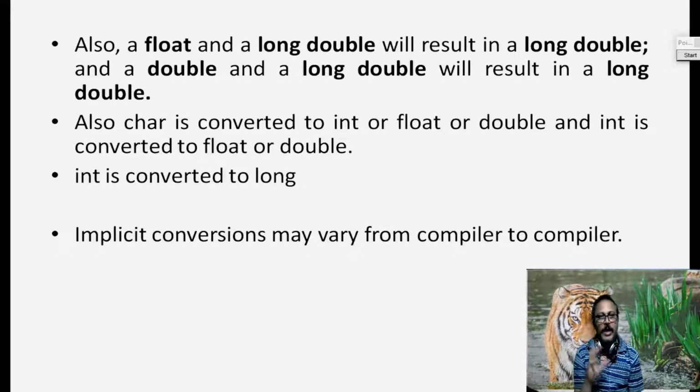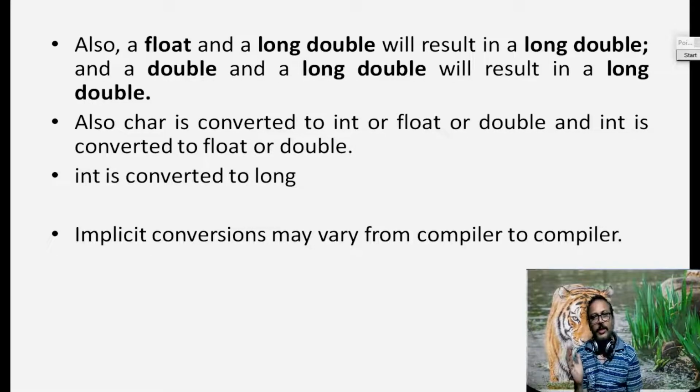Also, if char and int are there, char will be converted to int. If char and float, char is converted to float. If char and double, char is converted to double. If int and float are there, usually int is converted to float, and int is also converted to double.